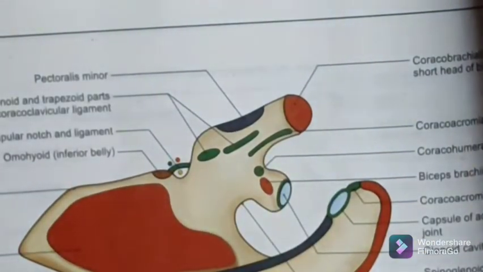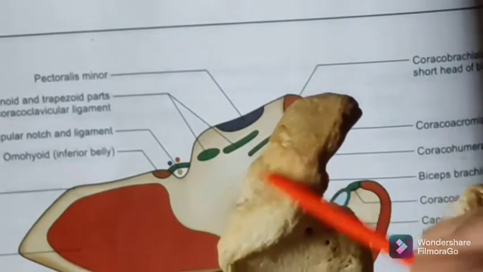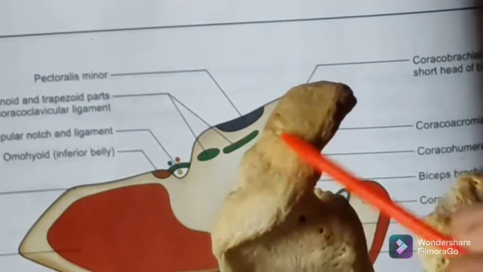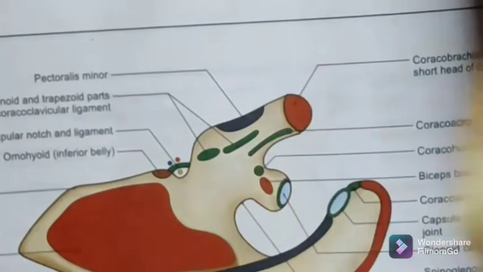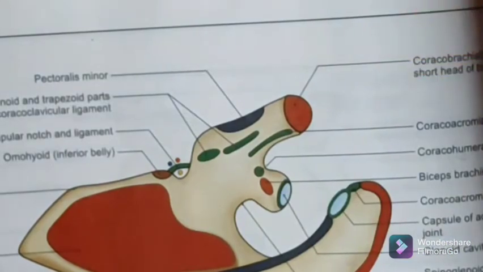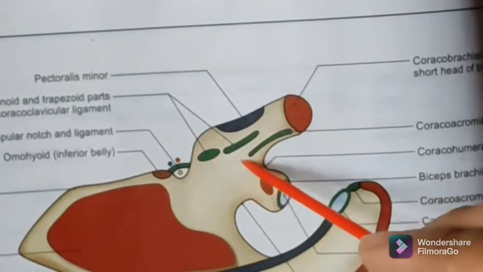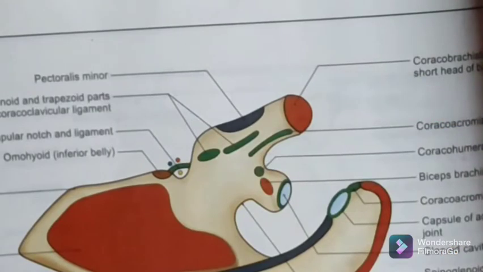Now this, in the superior surface, in the horizontal part of the scapula, is the attachment of the pectoralis minor muscle. All right. Now, so this is the conoid and trapezoid parts of the coracoclavicular ligament.